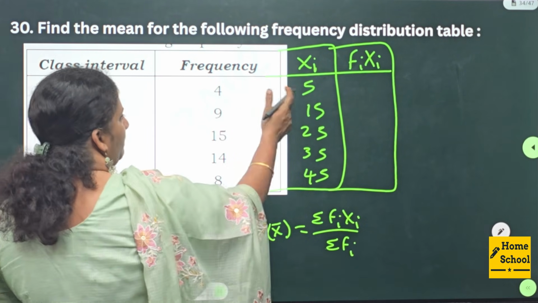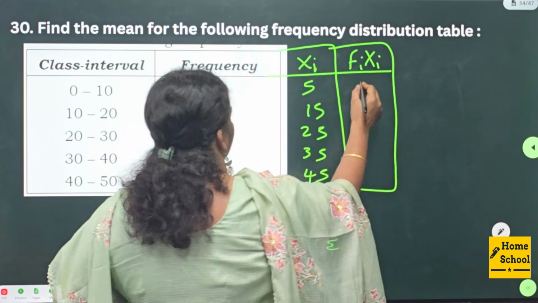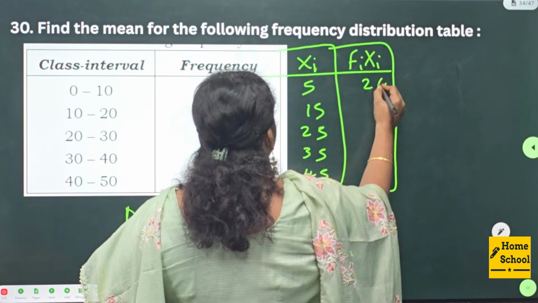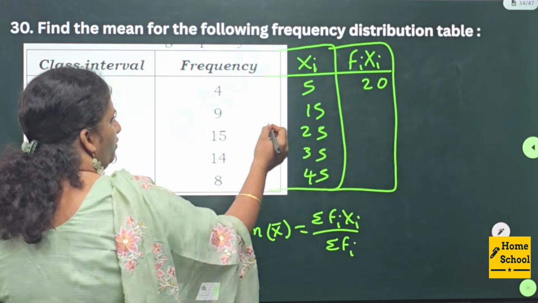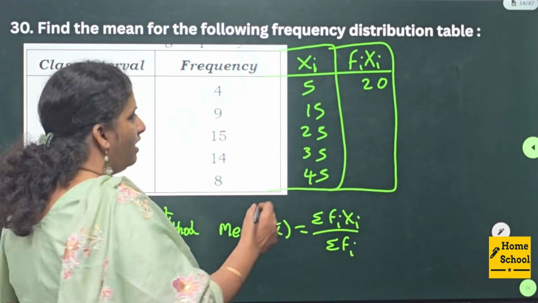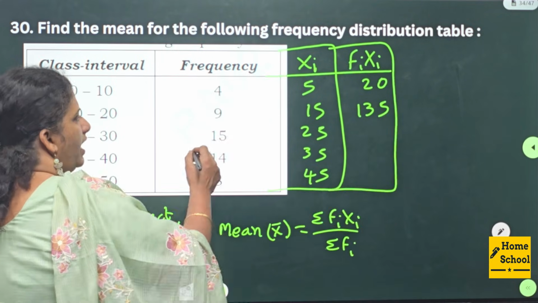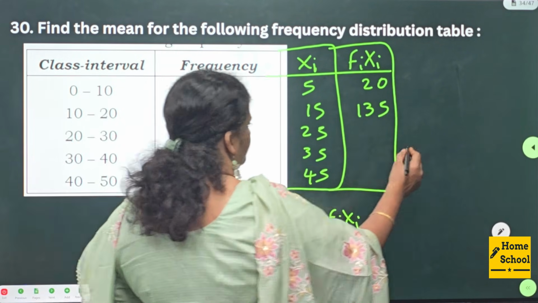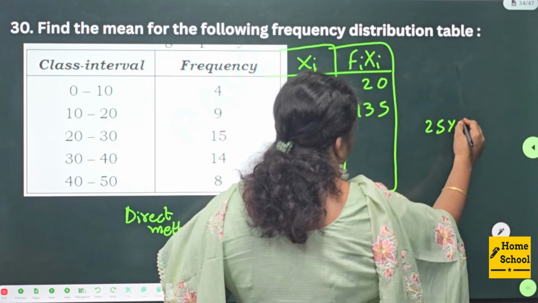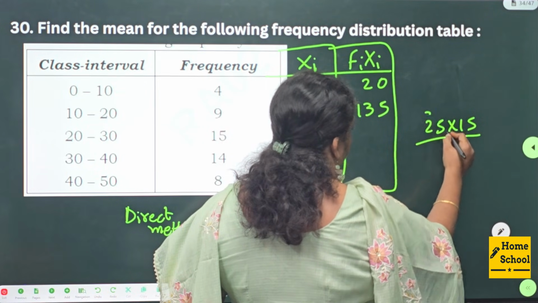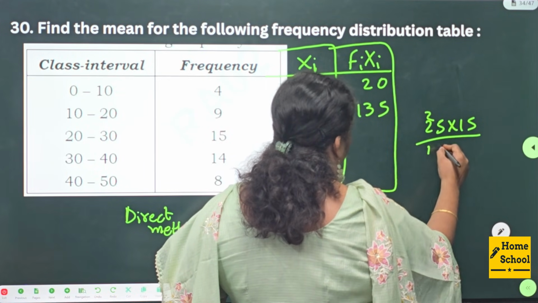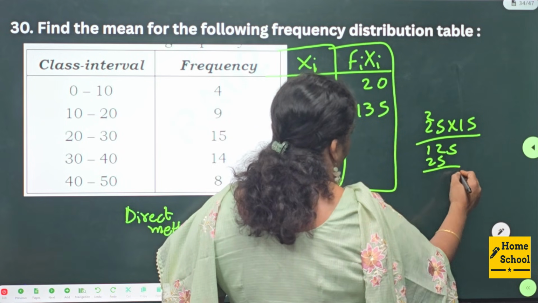Then now multiply with the frequency. 5 fours are 20. And now 15 nines are 135. Now 25 into 15: 5 5s are 25, 10, 12, and this is 25.